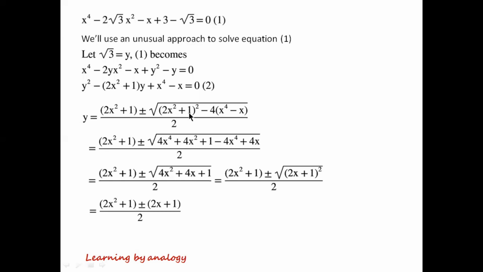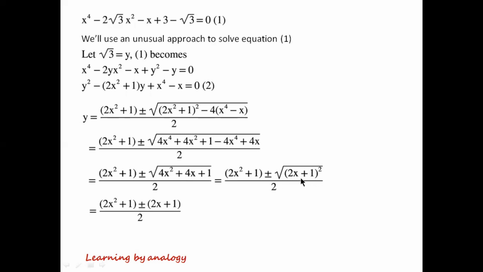The expression under the root can be written as 4x⁴ + 4x² + 1 − 4x⁴ + 4x, which simplifies to 4x² + 4x + 1.